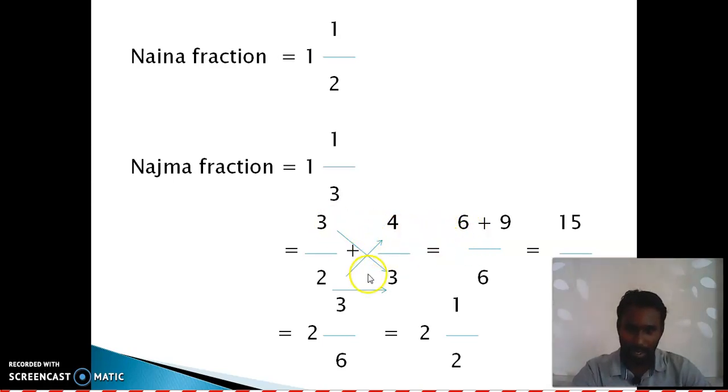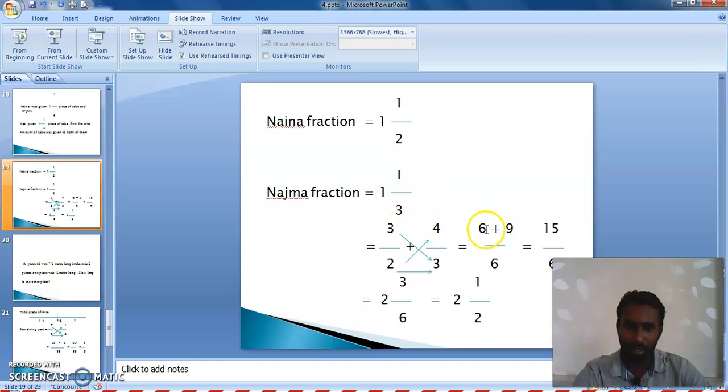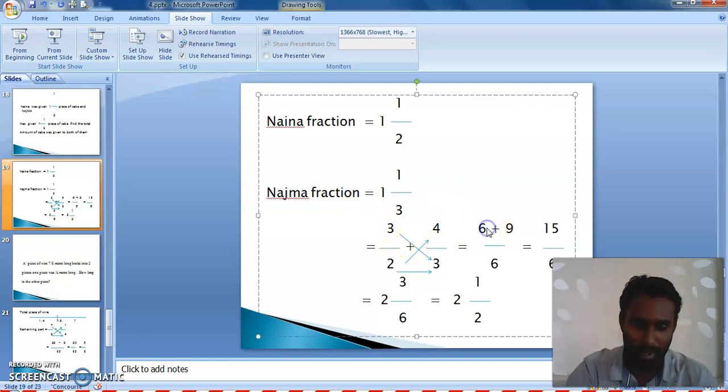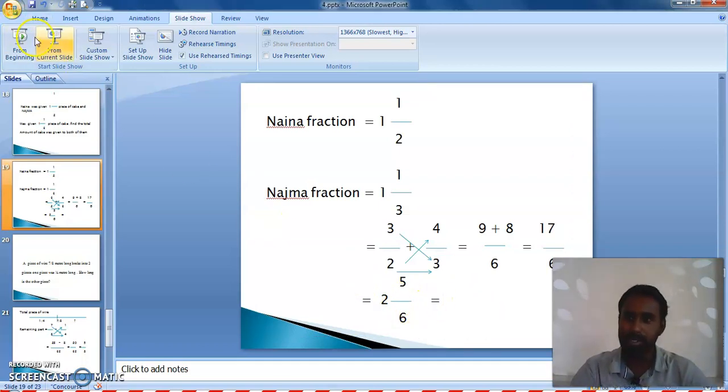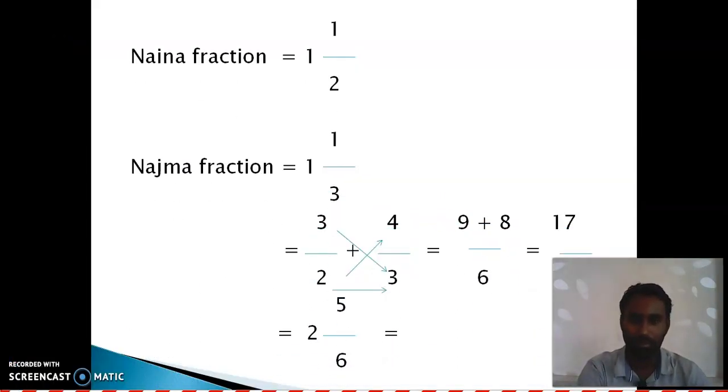See here, 3 3s are 9, first one 9, and 2 4s are 8, so 9 plus 8 is 17. So 17 by 6, here 5. So this one will not come, so we will cancel this one. So 2 5 by 6 is the answer. Sorry for this small error.